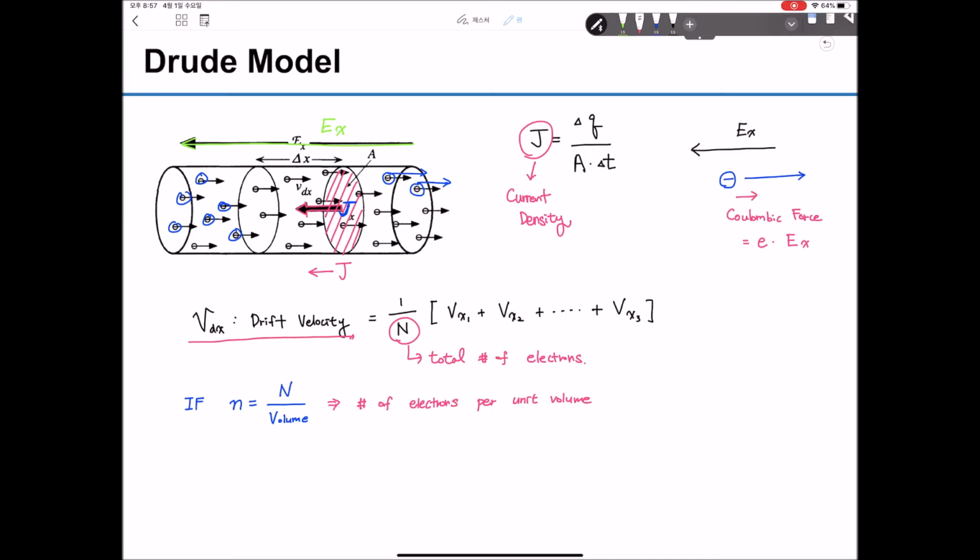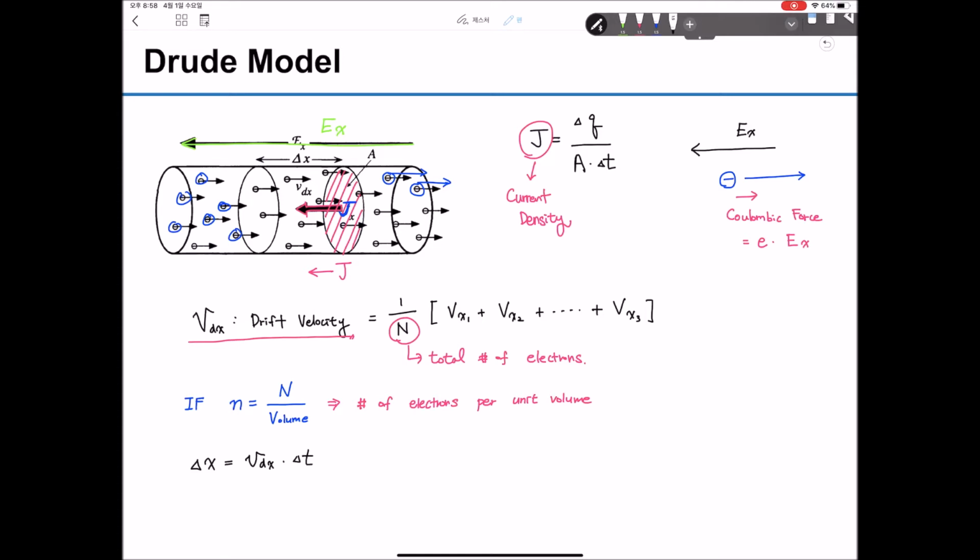So if you think about it, the distance traveled in x direction will equal drift velocity in x times change in time, right? Velocity times time. Velocity times time equals the total traveled distance.